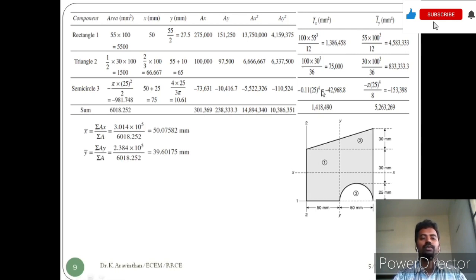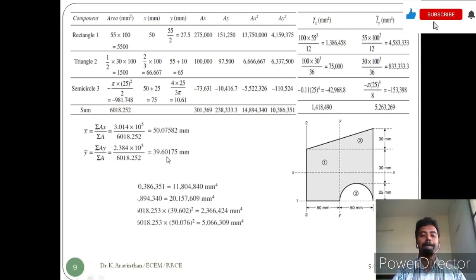So the sum of ax is 301369 divided by 6018.25, which is the area. We are getting 50.075. And for y bar, the sum of ay divided by 6018.25, which is the area, we are getting 39.6 as the answer.